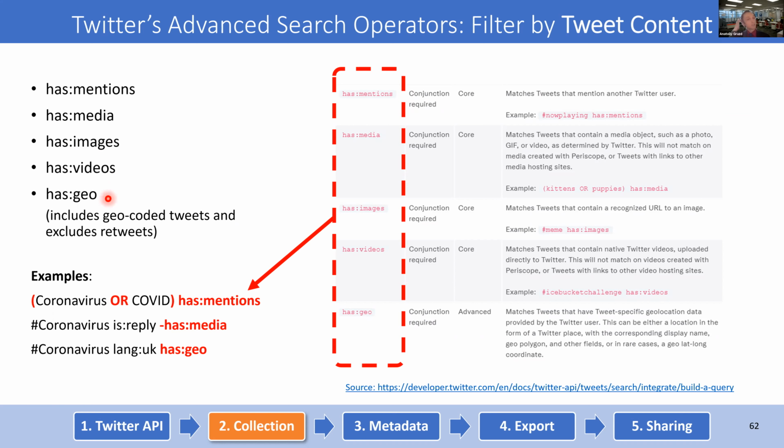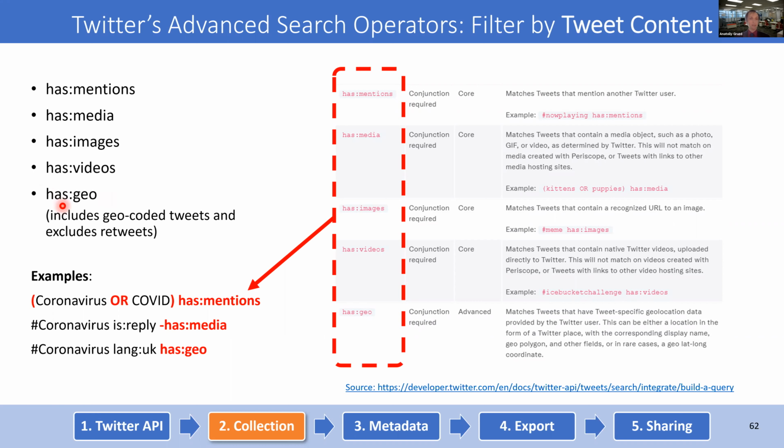The other useful feature, if you want only geocoded tweets. So this is a very small subset of tweets, about 1% or less, depending on your search, of tweets from users who explicitly opt in to share their location when they tweet. And so you can say, I only want to collect data where I know for sure the tweet came from a particular geographical location. So here you don't specify which location, all you're saying is geocoded tweets.